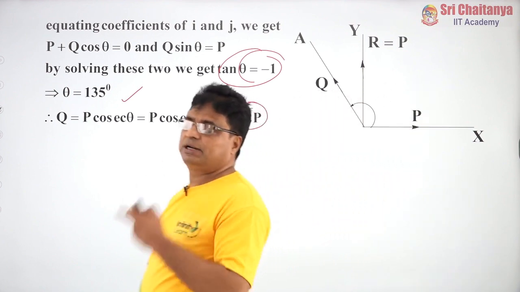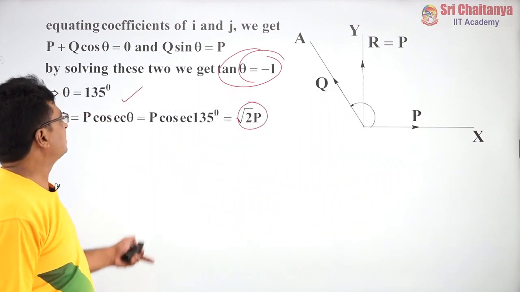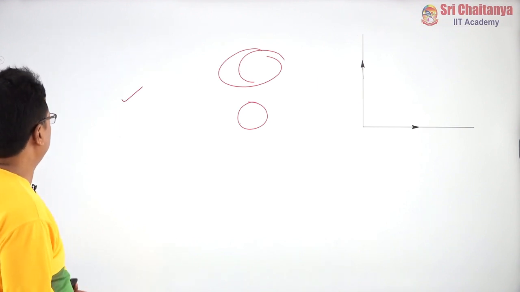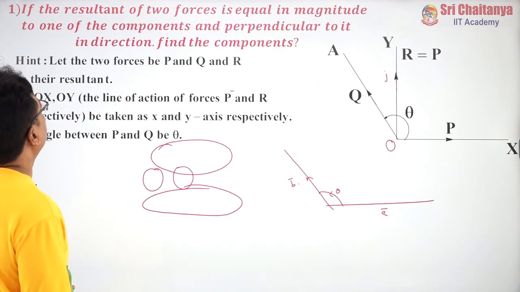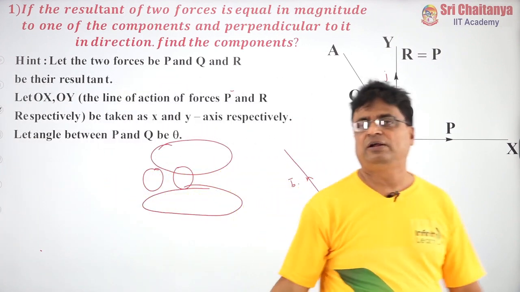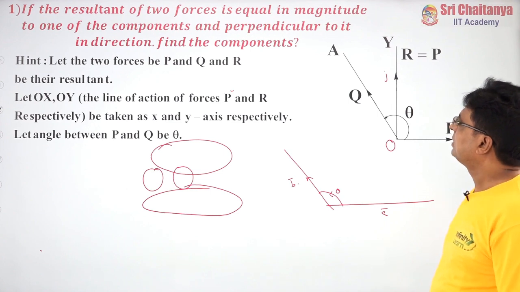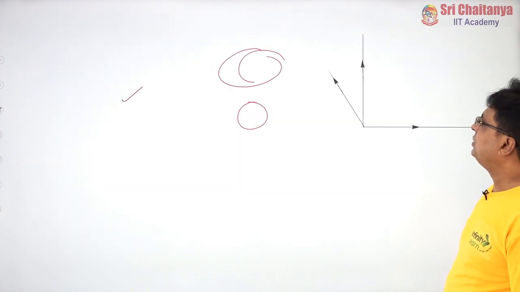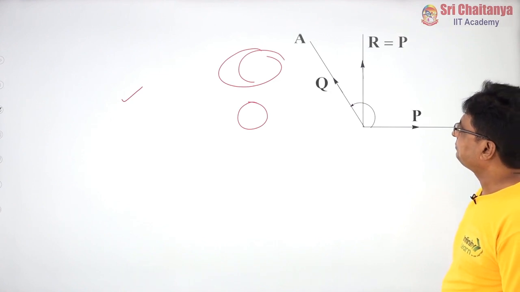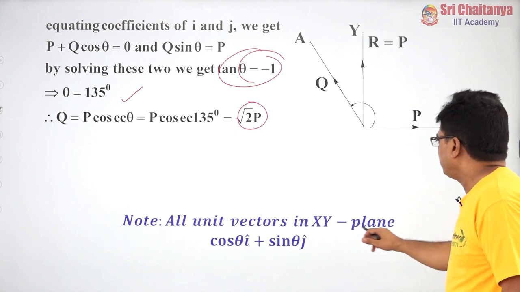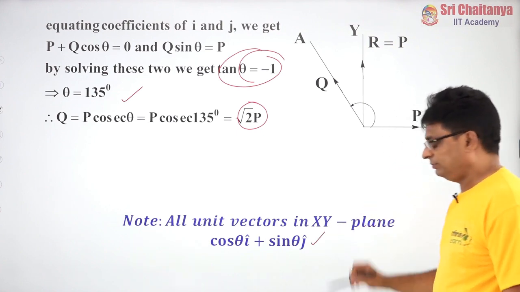So this is about what as per the statement they are asking. They are asking you to find what? The components. This is the way to find the components. Okay, my friends. So here the important point one should practice is that all unit vectors in xy plane are this one.